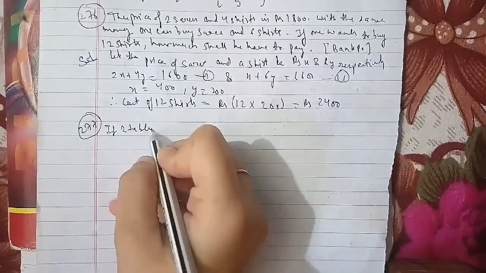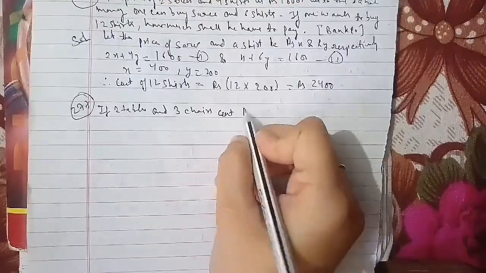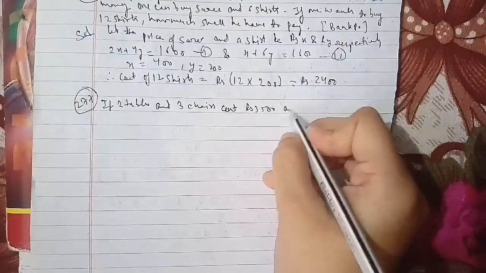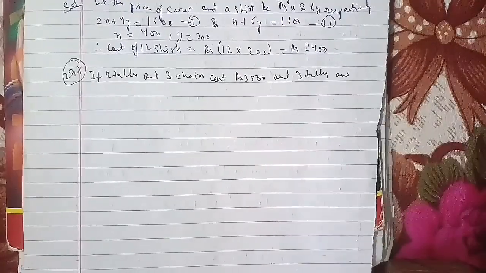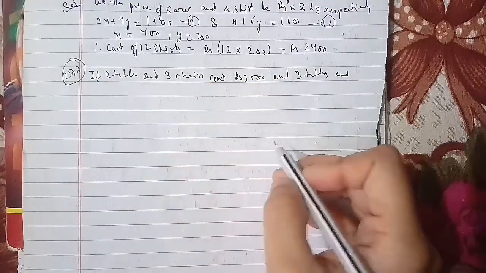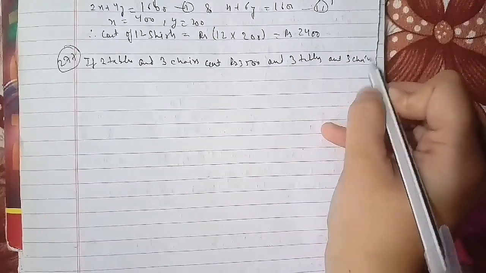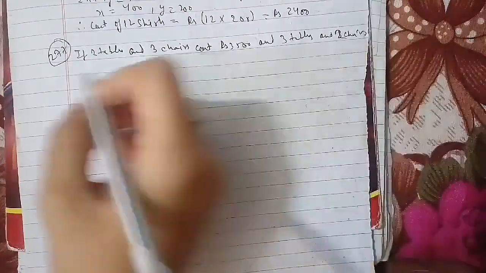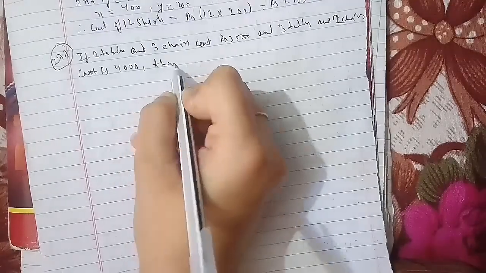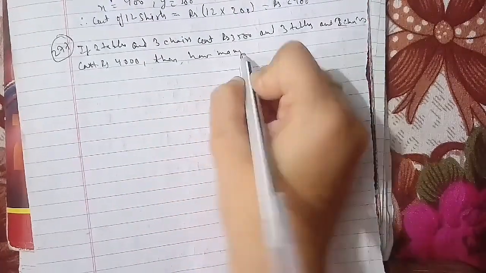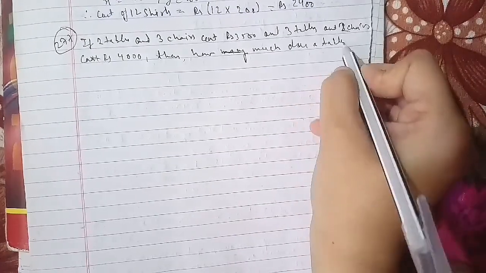If two tables and three chairs cost rupees 3500 and three tables and two chairs cost rupees 4000, then how much does a table cost?